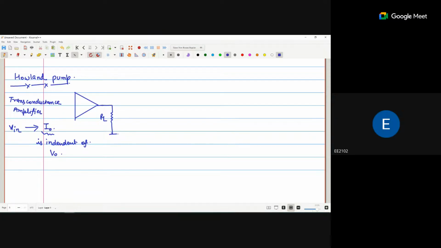We know the relation that V out is a function of V in. If we apply the voltage at the inverting terminal, we get minus Rf by R1 times V in. If we apply it at the non-inverting terminal, the output voltage is 1 plus Rf by R1 times V in. So the output voltage is always a function of input voltage.